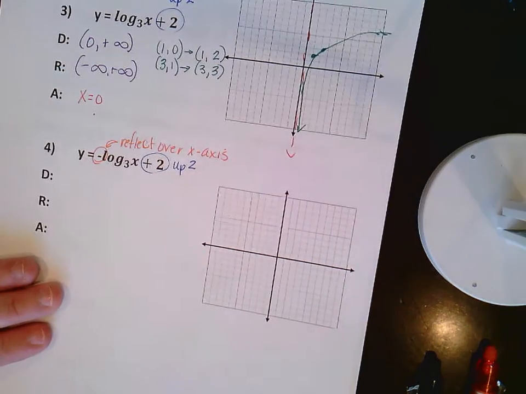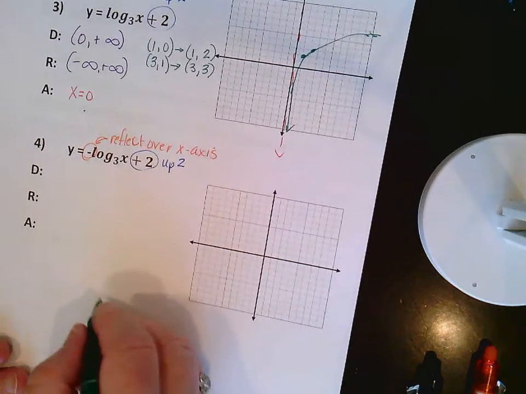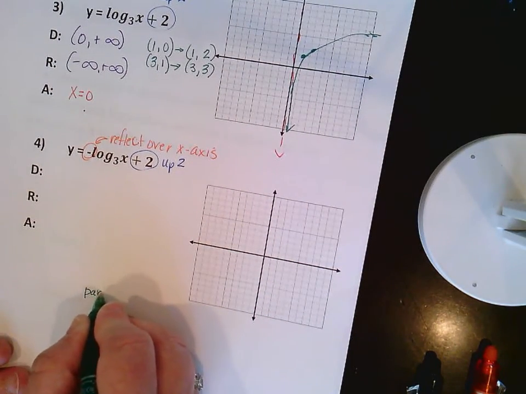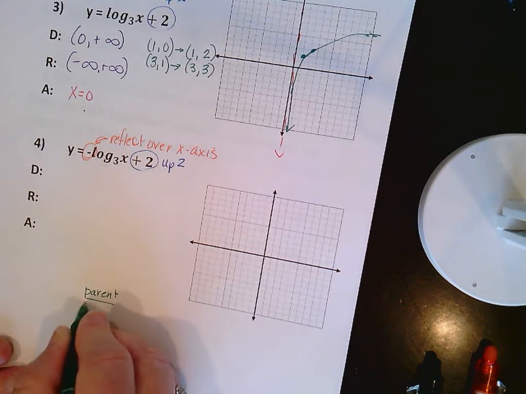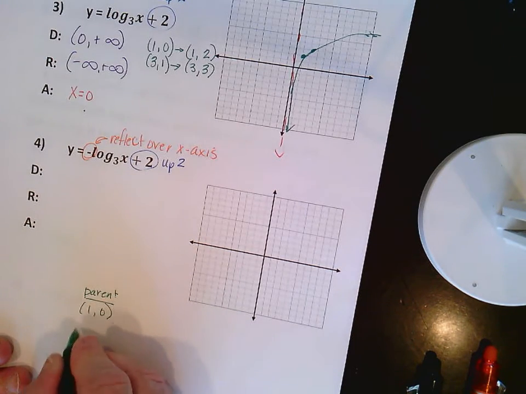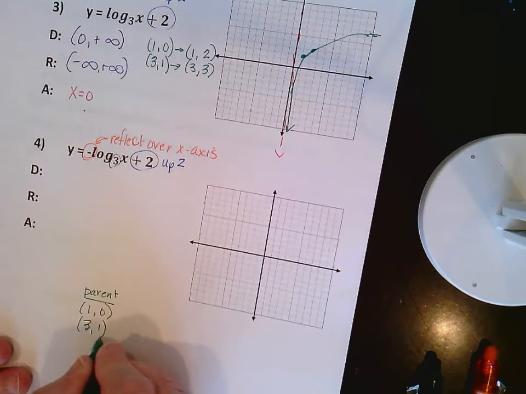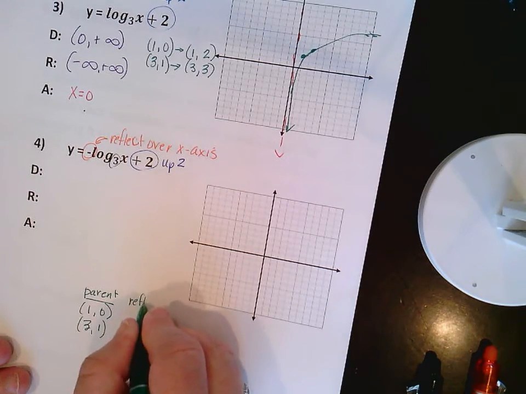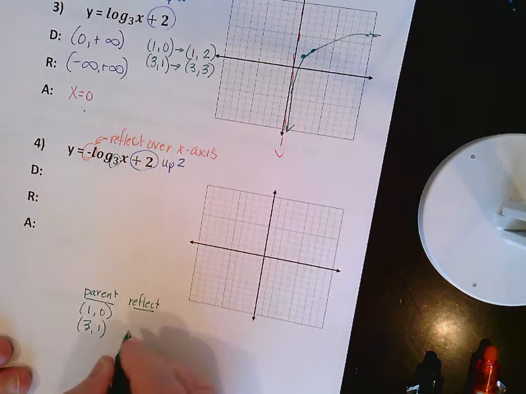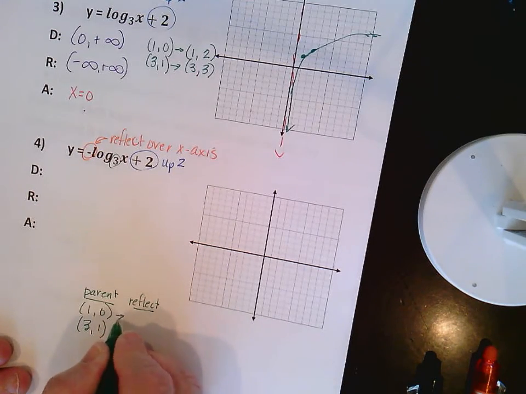And so I've got a couple of shifts here. So my parent function would be (1, 0), and then my (base, 1). My base is 3. I have a log base 3. First, when I reflect, it goes over x.